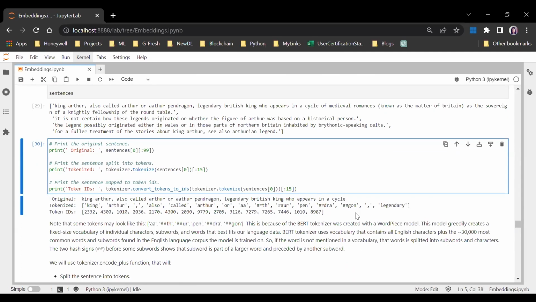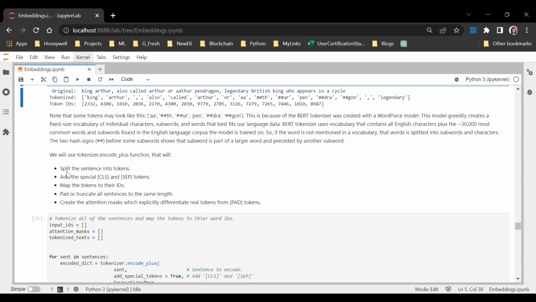This model creates a fixed-size vocabulary of individual characters and some subwords that are present, and generates the tokens. And these hashes indicate that these words or subwords are part of a larger word. Like if we see ##ing, then we see that okay, ing is part of some larger word. If we see ##at, then yeah, it is part of a larger word, like that.